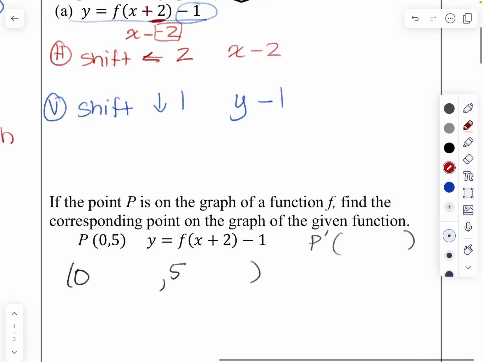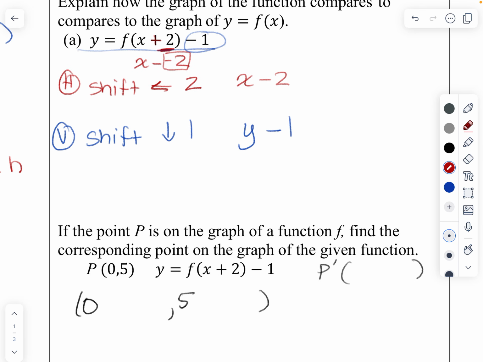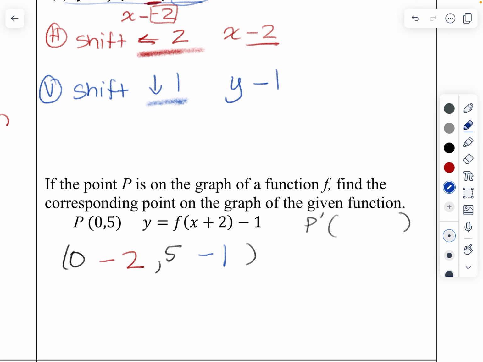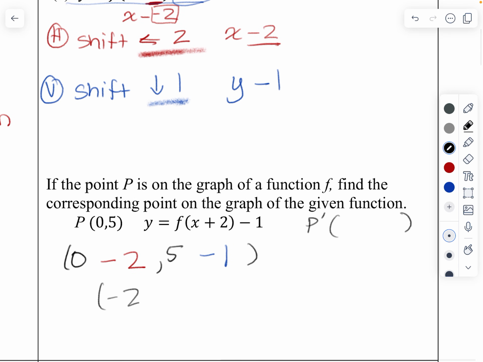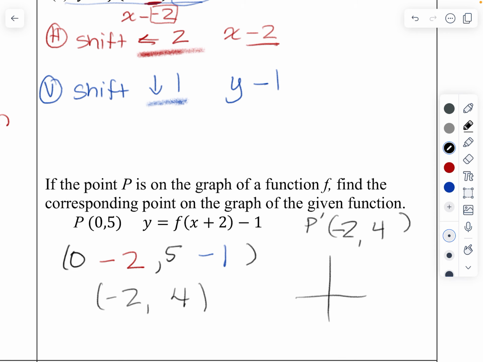So going back to the top here, we said we were going to shift left 2. So we're going to take 0 and we're going to shift it left 2, right? We're going to subtract 2. Then we're going to take our vertical component 5 and we're going to shift it down 1. So we're going to subtract 1, okay? And so let's just simplify that out. That's at -2. That's left 2. And 4. Okay, so P prime is at -2, 4. Something else you could actually do is just put it on a graph.